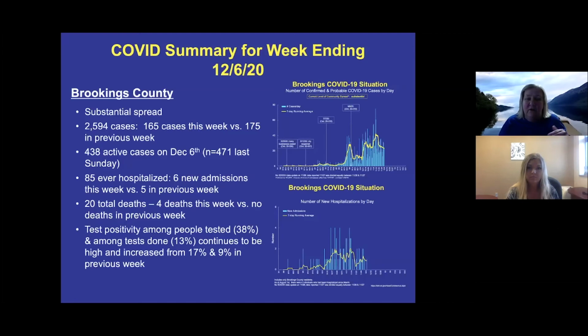And even though the rates look like they're going down, I think some of that's still a reflection of Thanksgiving last week, because people have come back, they're getting tested, but it takes so many days to get those results back and then get it onto the dashboard. So I'm just being very cautious about what the next 2 weeks are going to bring, the rest of the month, especially with the Thanksgiving travel.